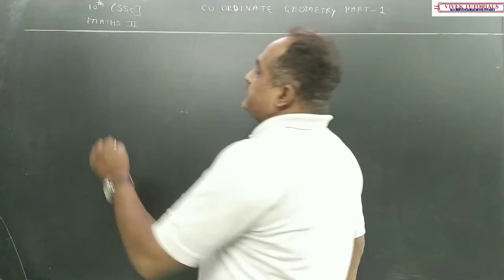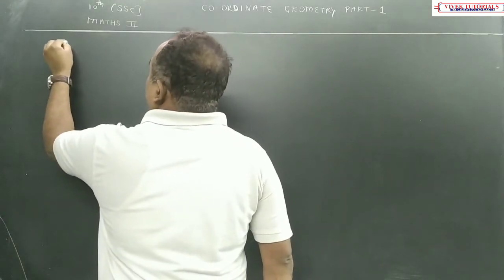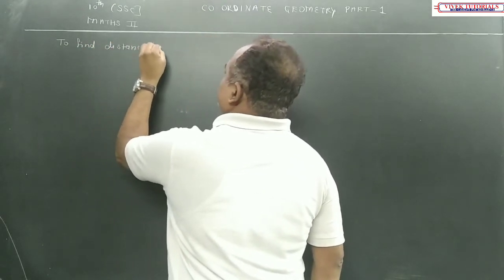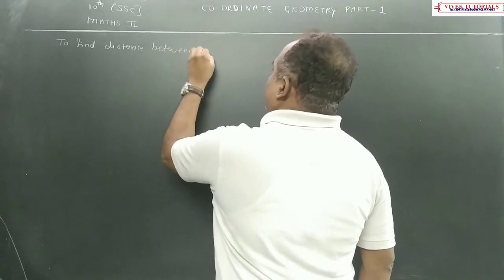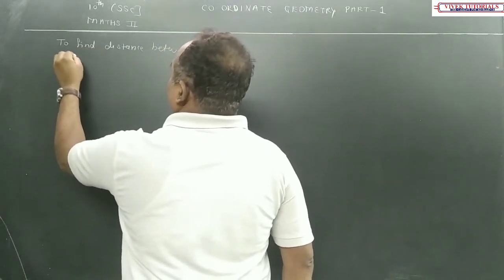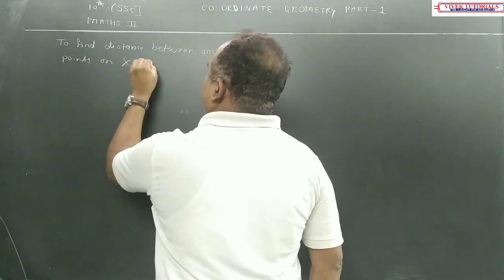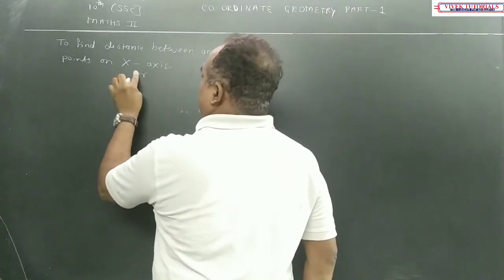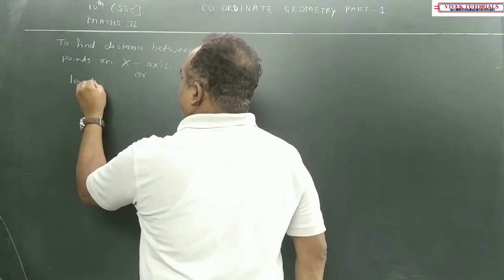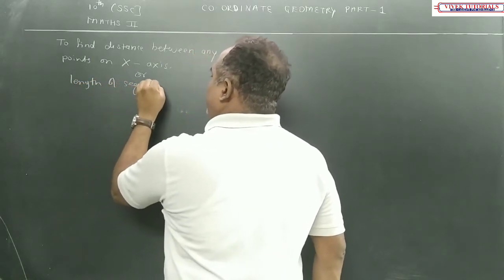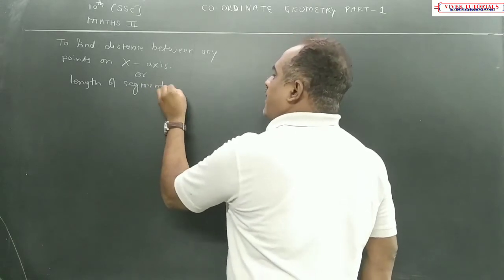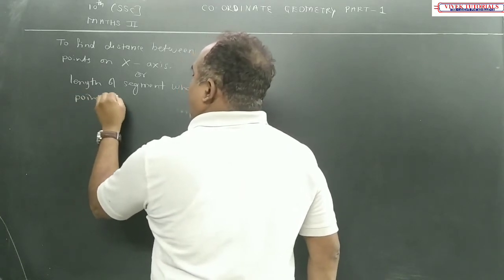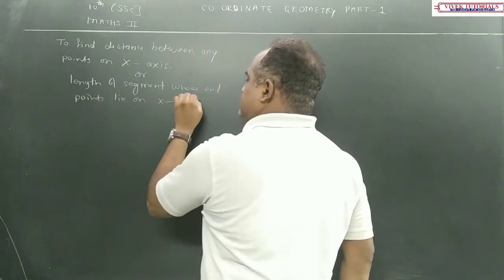Now, next is to find the distance between any 2 points on the x-axis, or that is actually the length of a segment whose endpoints lie on the x-axis.